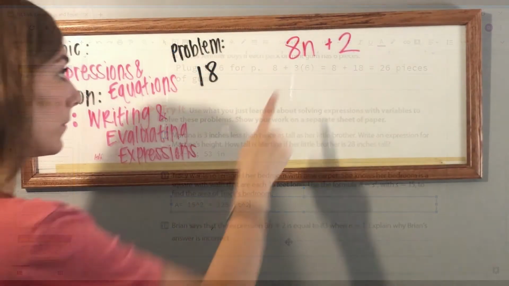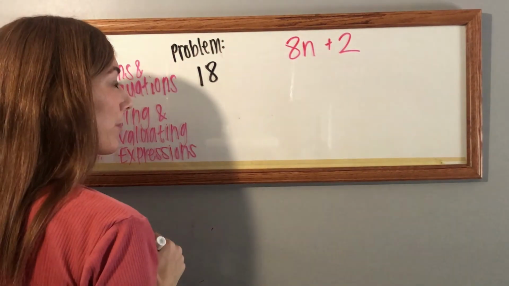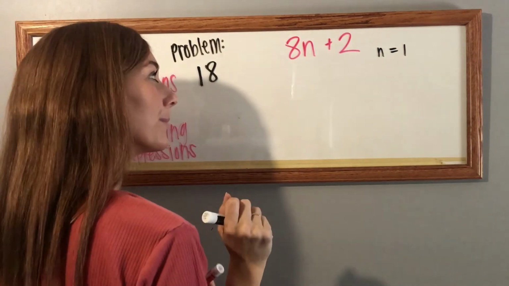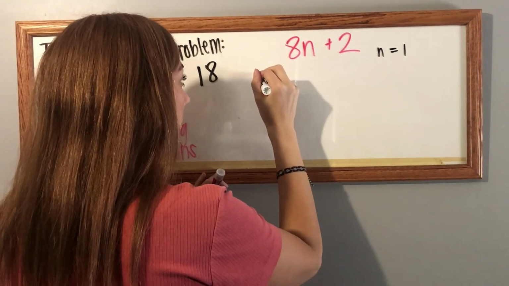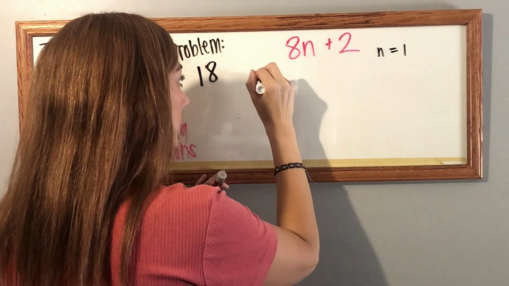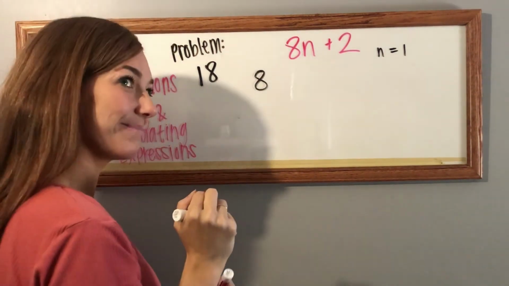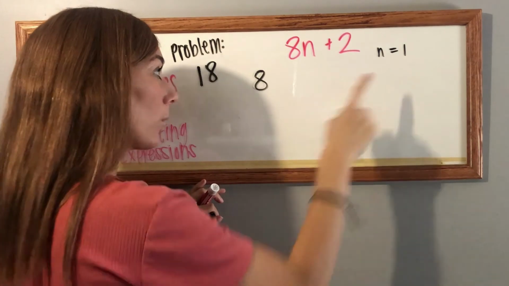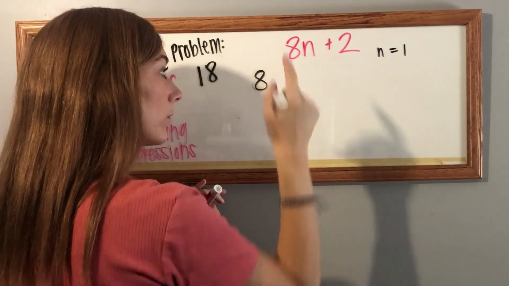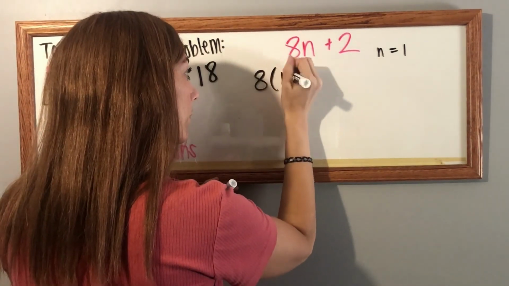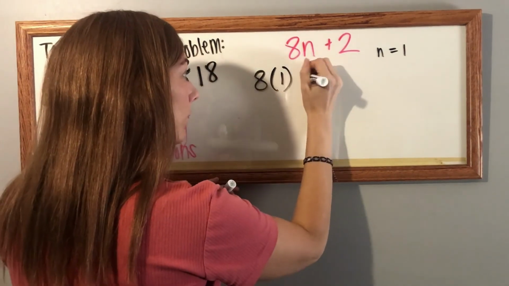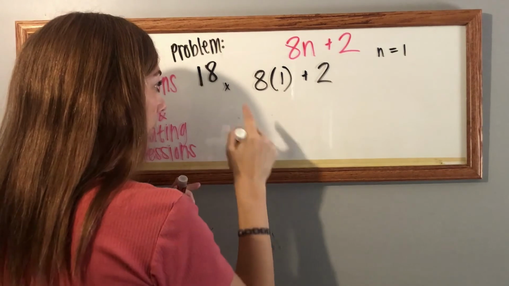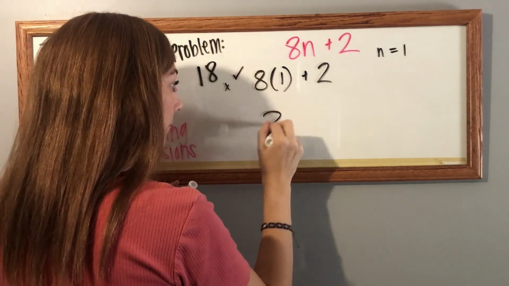So it seems like Brian, instead of plugging it in for a multiplication problem, when we're plugging in a number for that variable, it's super important that we remember that we're multiplying. In this case, Brian just plugged in the 1 for the n.